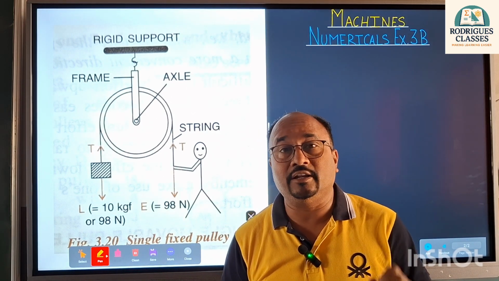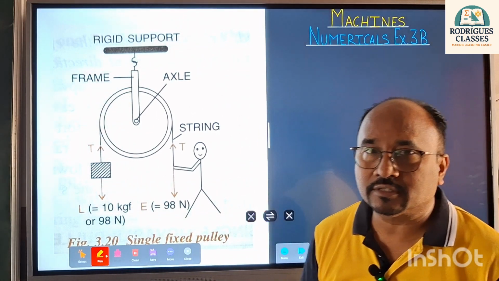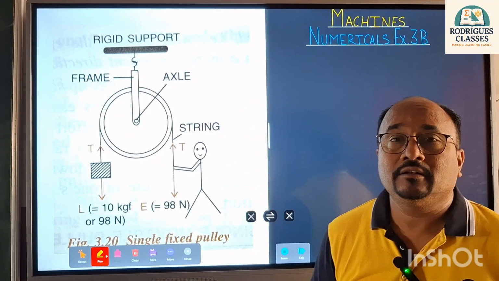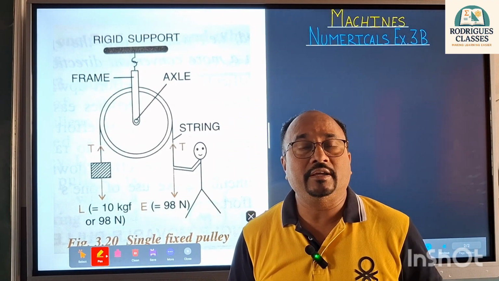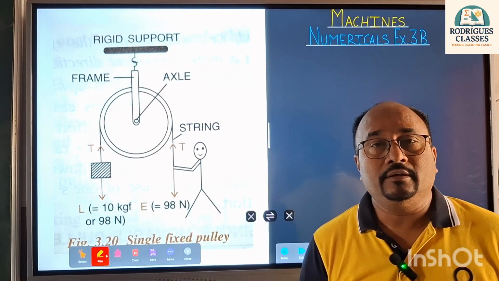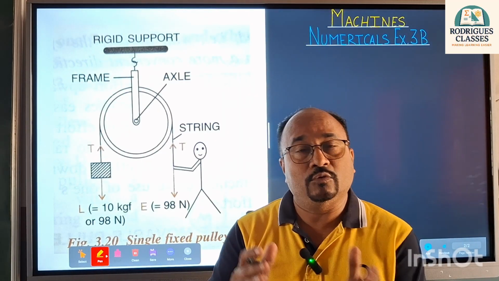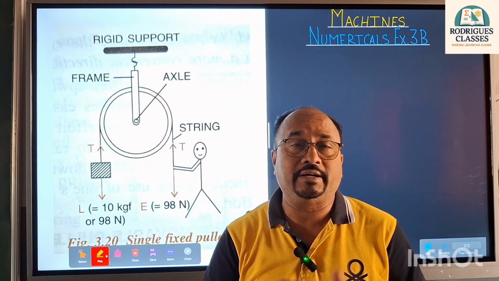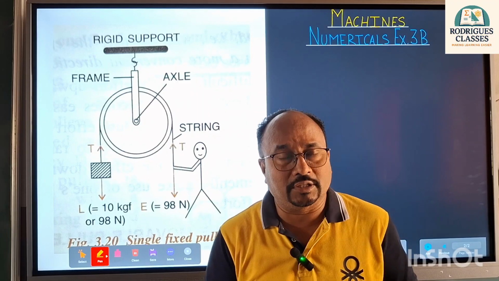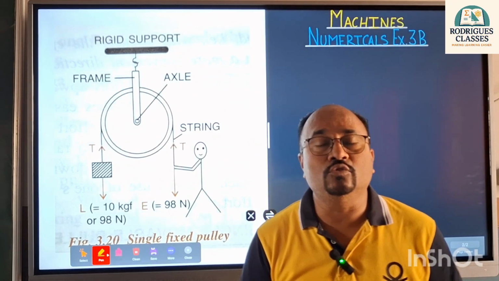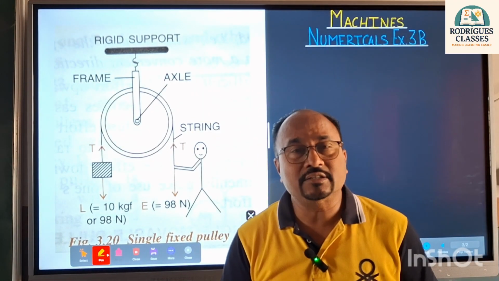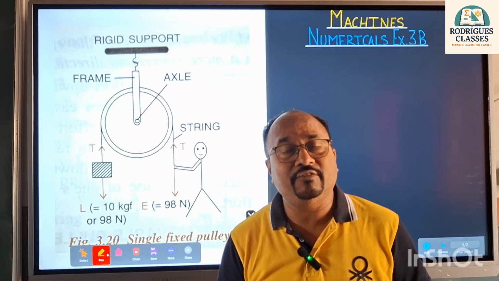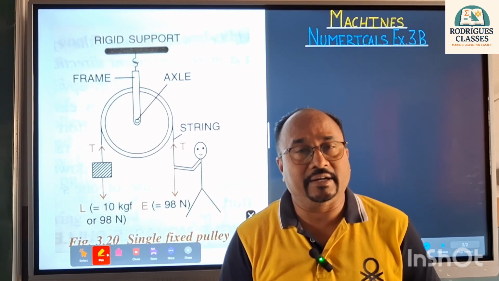We will have to take a look into the different types of pulleys, like a single fixed pulley, then a single movable pulley, then a fixed pulley with one movable pulley, and the block and tackle system. In all these, what you will require is to know the mechanical advantage, velocity ratio and the efficiency in ideal condition.